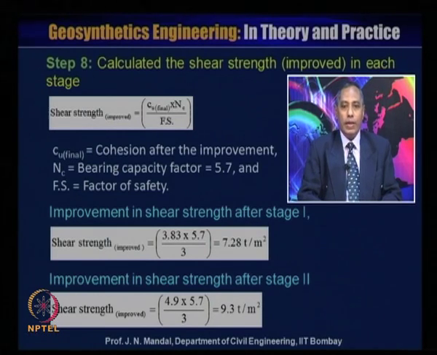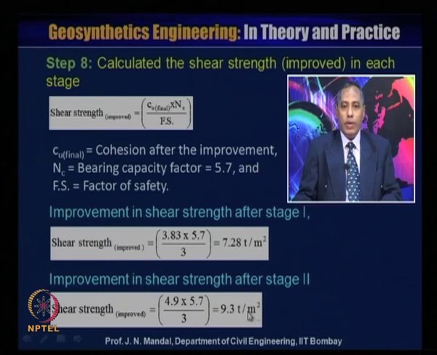Improvement in shear strength after stage 1: Cu value is 3.83, Nc value is 5.7, divided by factor of safety 3, is 7.28 ton per meter square.